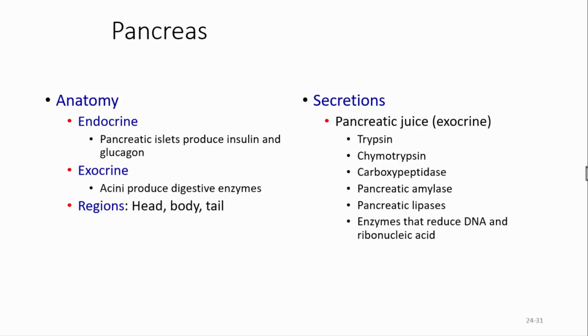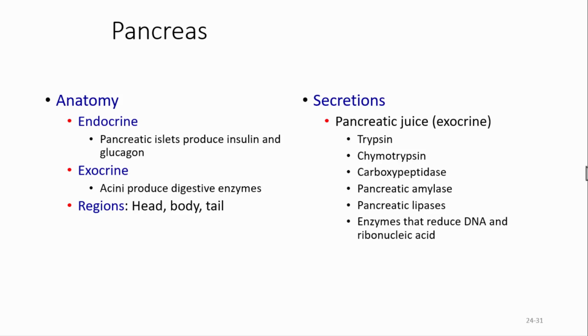Trypsin and chymotrypsin break down proteins. Carboxypeptidase is going to break down carbohydrates and proteins. The pancreatic amylase is going to break down starch.